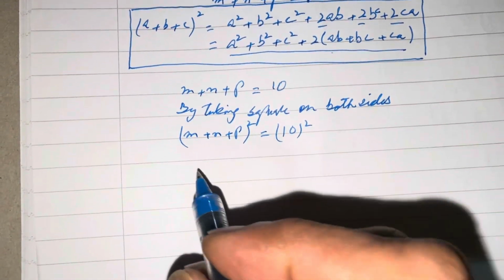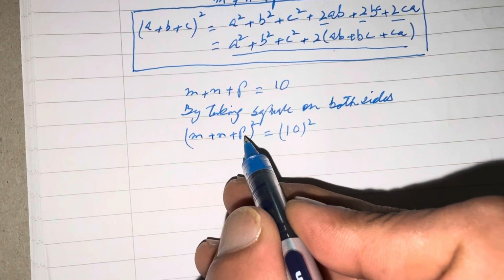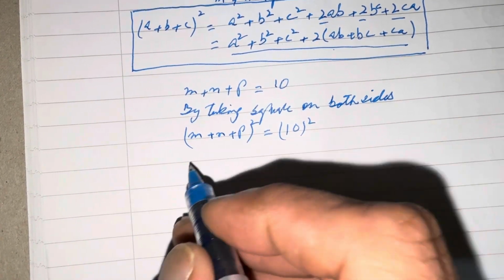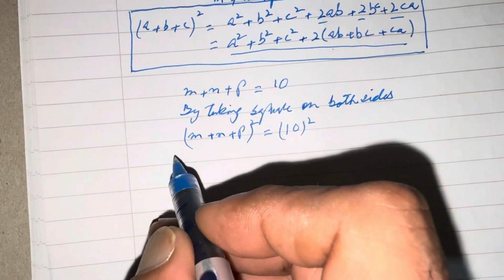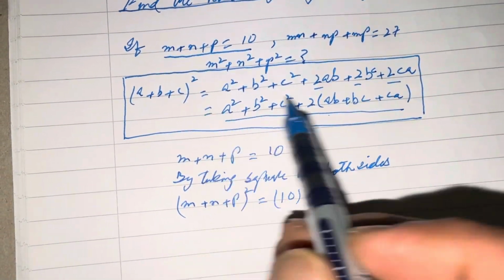So now if you open this square of 3 variables, you can write the formula. As you can see, I have already written it in this form.